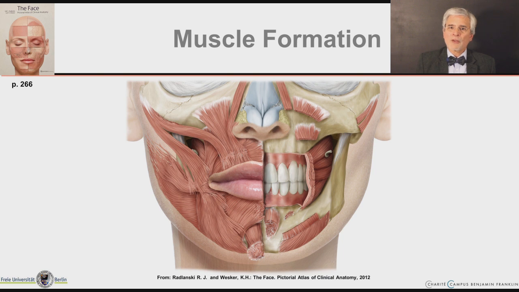It also follows that the muscles of facial expression ultimately develop at their proper location, here in the region of the face, where this also comes into function. I cannot understand how in some textbooks it is claimed that the muscles of facial expression would migrate from the area of the second visceral arch, which is at the neck, into the face, only because they are innervated by the facial nerve, which for reasons of biological systematics is assigned to the second visceral arch.